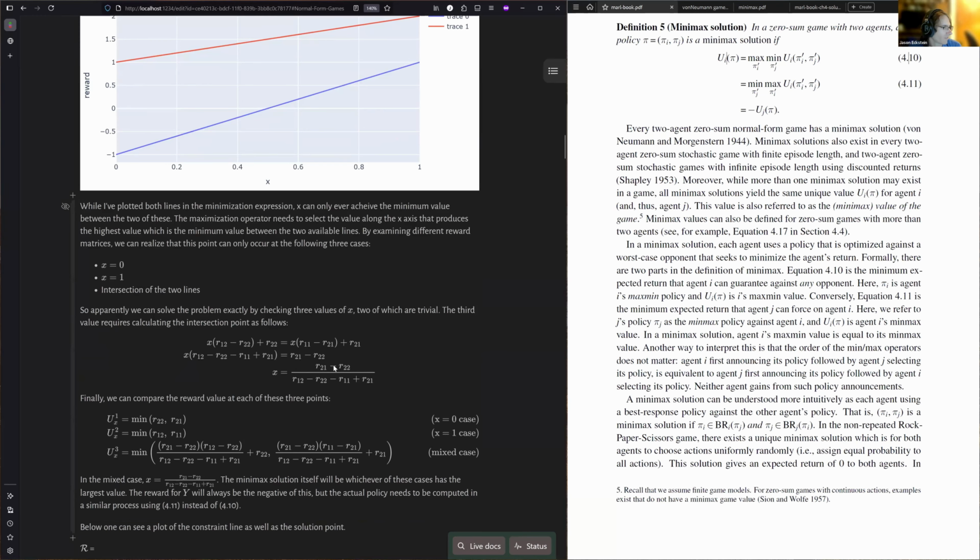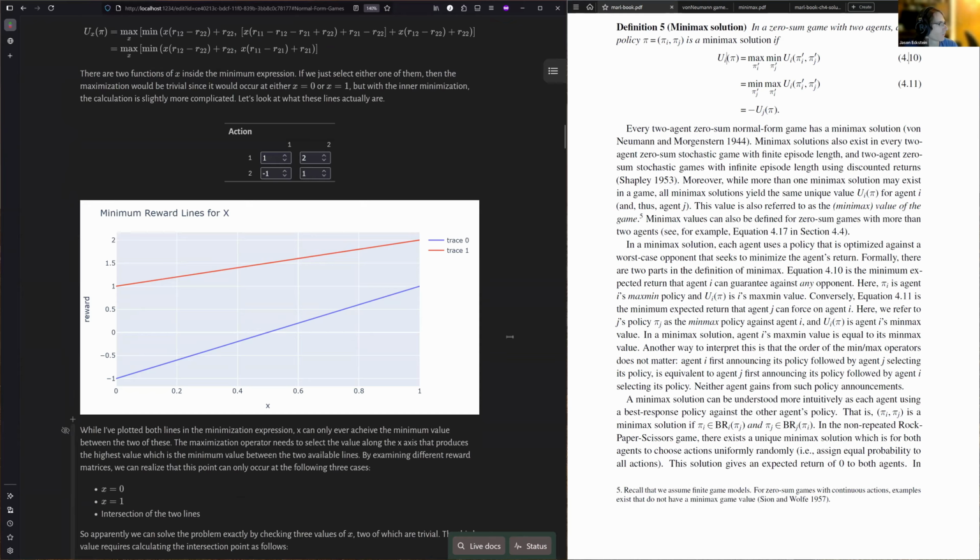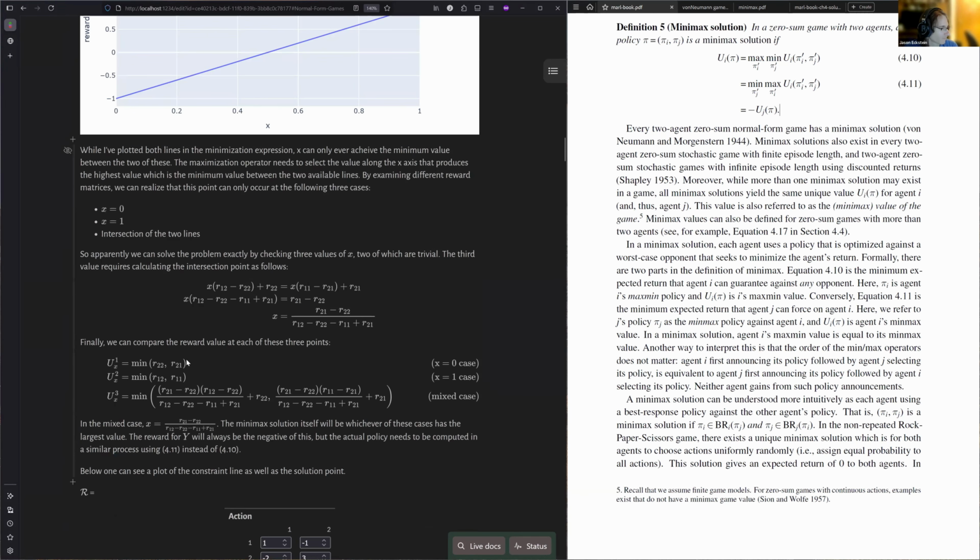And it turns out x is this, so it's just a function of the 4 reward values. So now we've reduced this general problem, at least in this 2-player 2-action case, to now this problem, where we have to just check these 3 cases.